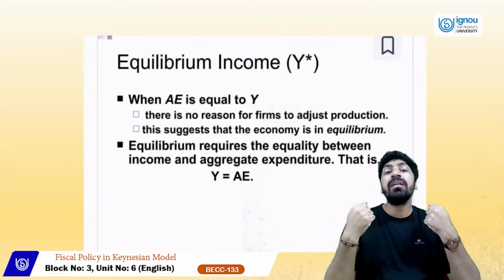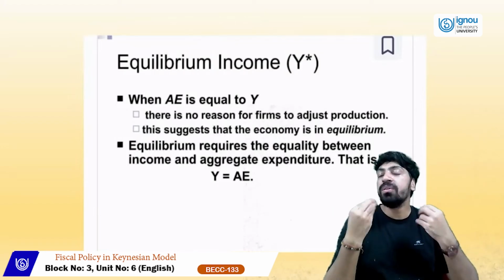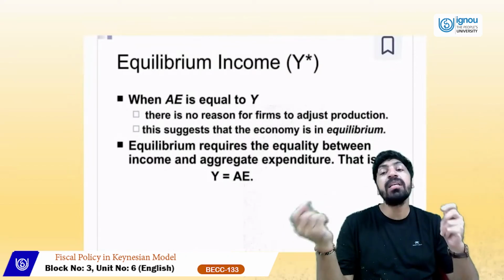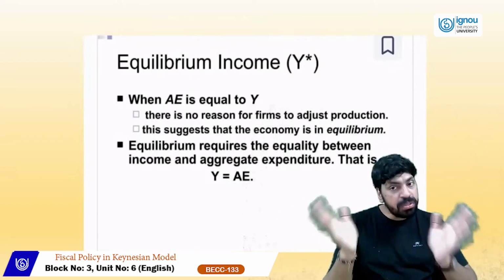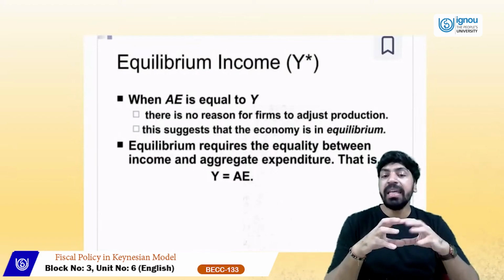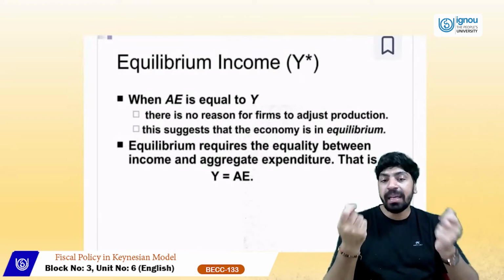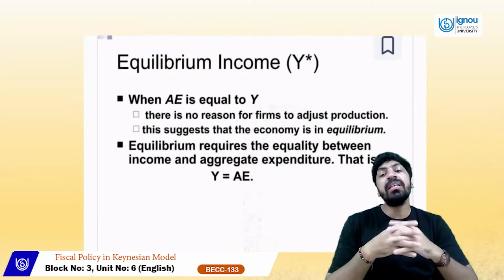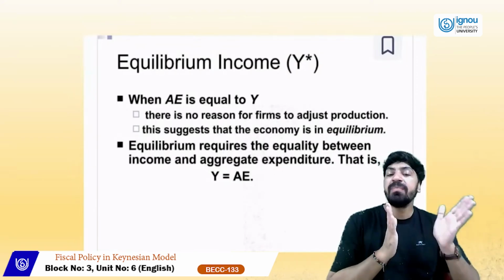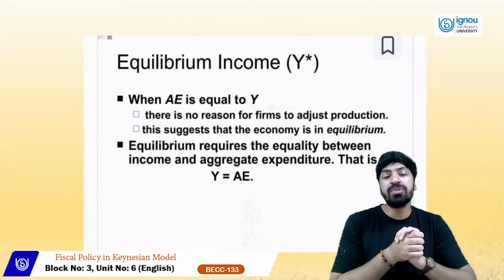That means when the aggregate expenditure is equal to income, there is no specific reason for any of the firms to adjust their production process of all those products that people actually want to buy. So ultimately this is the equilibrium point, or you can say the equilibrium income, where the economy is stable, when the aggregate expenditure is equal to income.